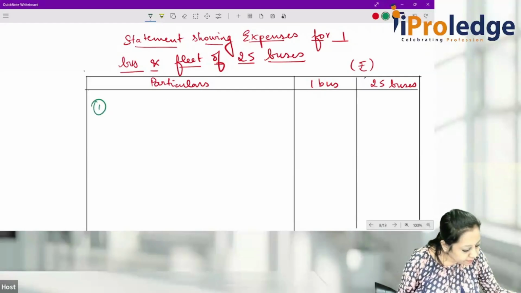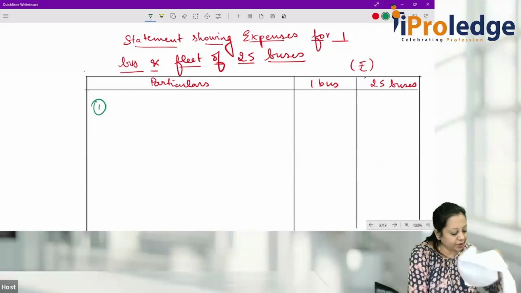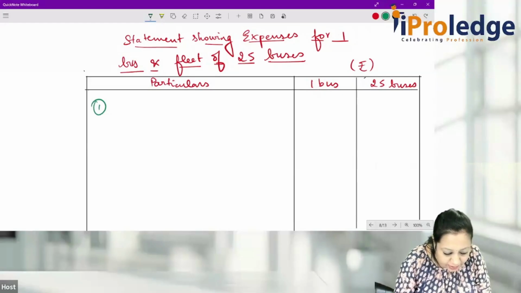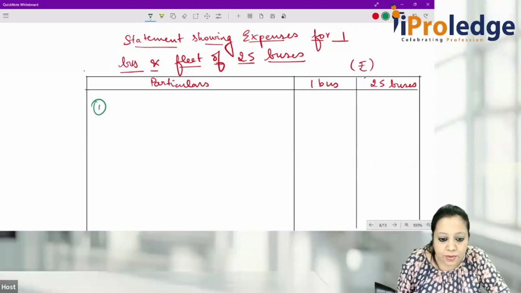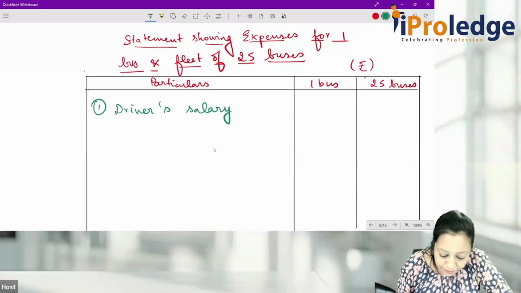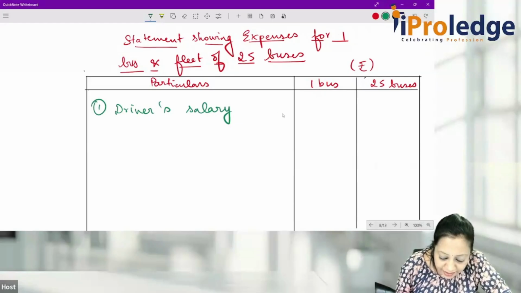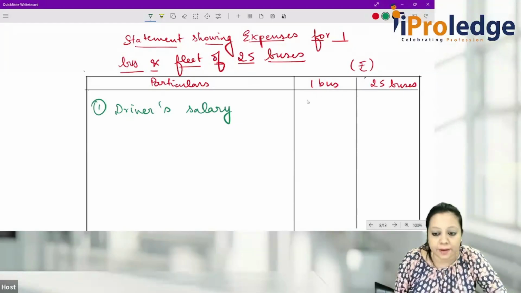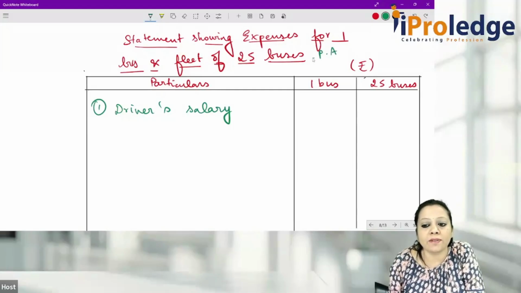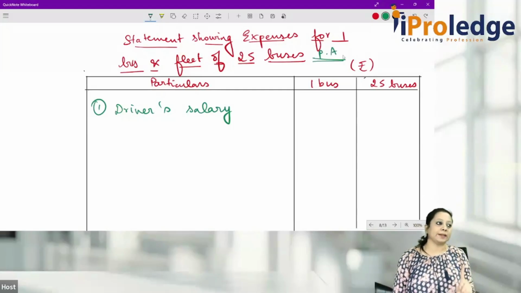Point number one. We'll go in the order of the question. So can you all see? First one is driver's salary. Simply we are going in the order of the question. So they have said 5,000 per month per driver. So here we are going to say one more thing. This is per annum. Whatever I'm doing, this calculation is for 1 year.